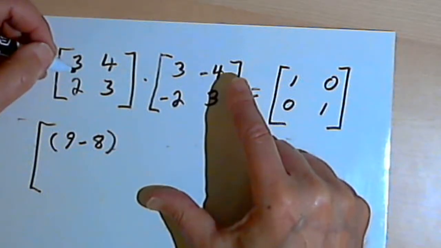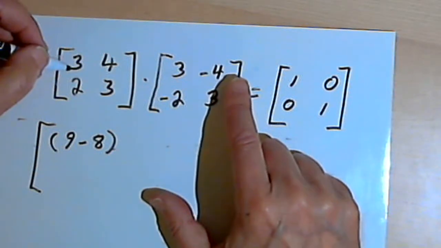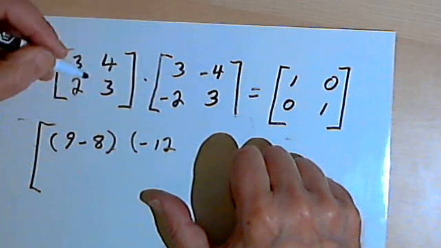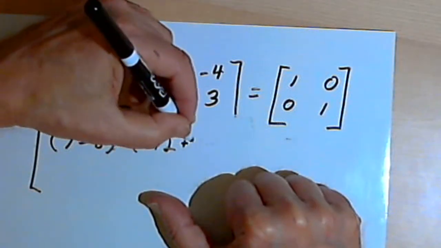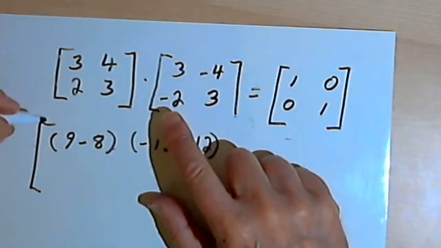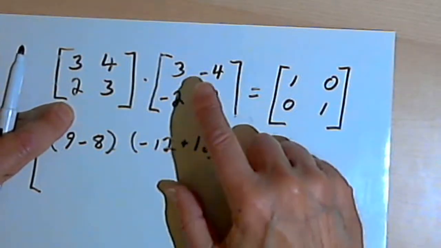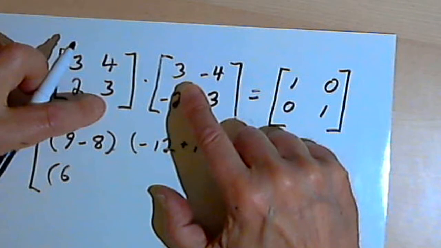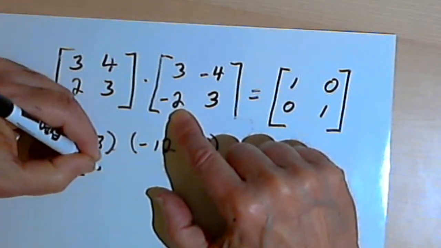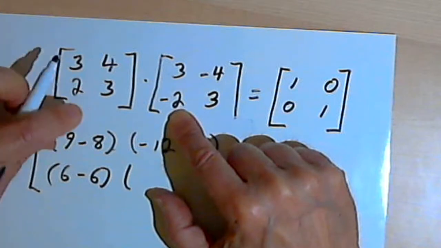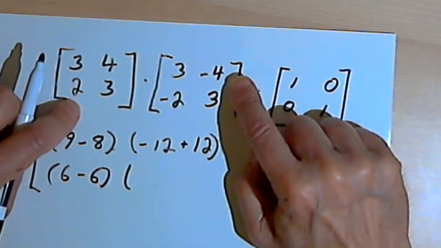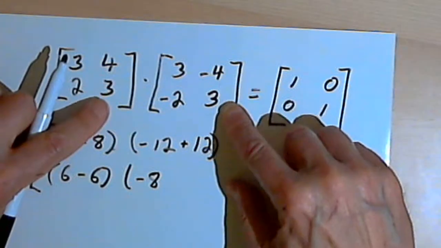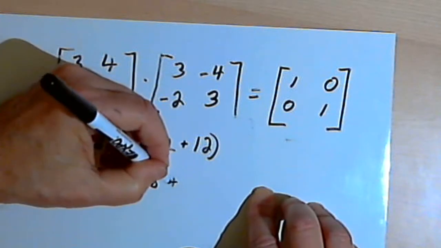And then for the element in row 1, column 2, I'll have 3 times negative 4, which is negative 12, and 4 times 3, which is positive 12. For the second row, first column, I'll have 2 times 3, which is 6, and then 3 times negative 2, which is negative 6. My last element will be 2 times negative 4, that's negative 8, and 3 times 3, which is 9.